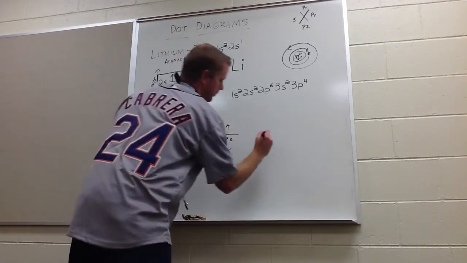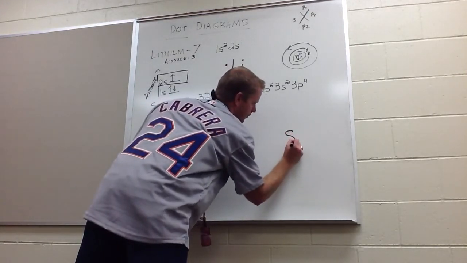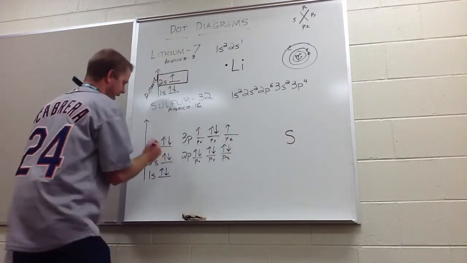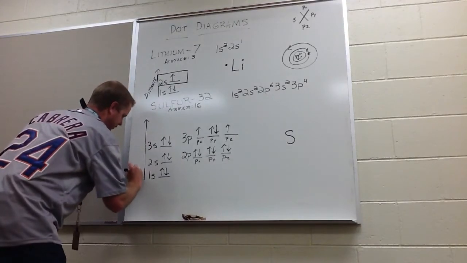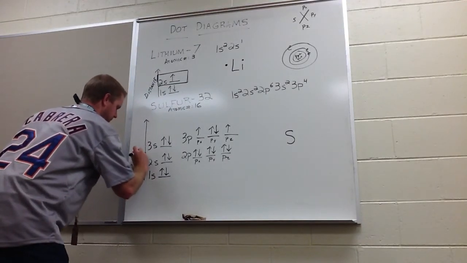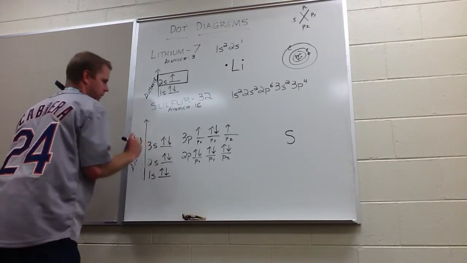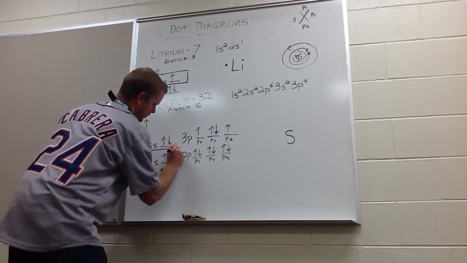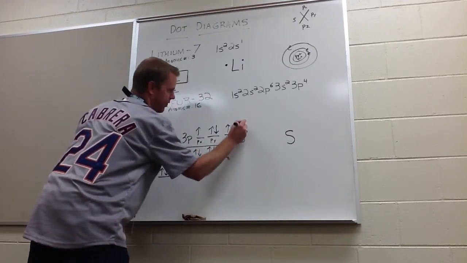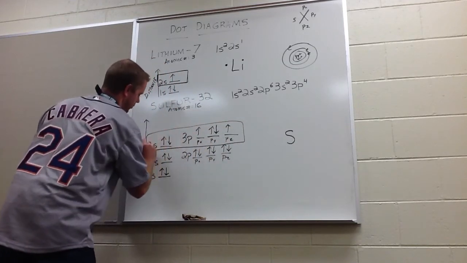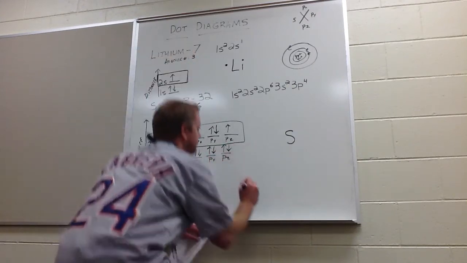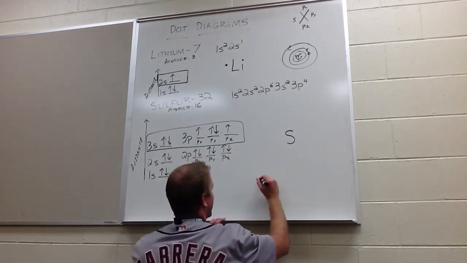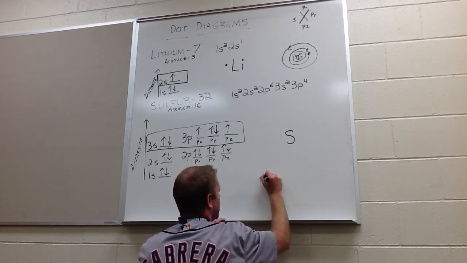Let's do sulfur. Well, sulfur's symbol is an S. And when we look at distance, you would circle all of these found at the 3rd quantum energy level. Let me prove it to you. So sulfur, 16 electrons. I'm going to draw it fast, but 16 protons, 16 neutrons.